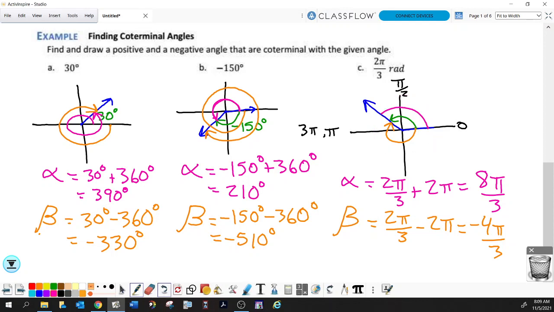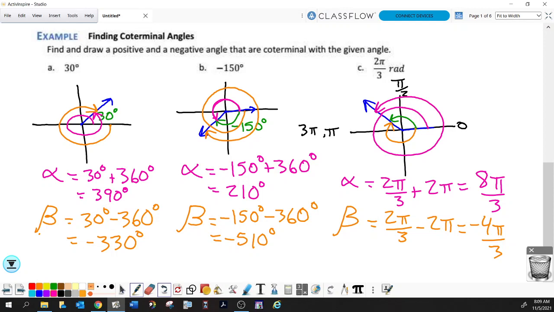No, because the orange one was a negative angle. Remember, the pink one is what we're starting with. The green one's what we're starting with. We started with 2 pi over 3. The pink snail shell looking thing was the next positive angle that lands in the exact same spot.